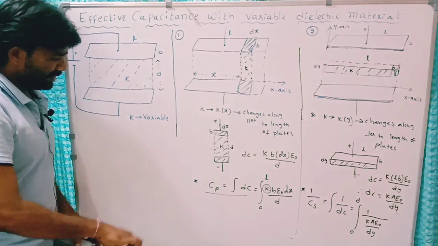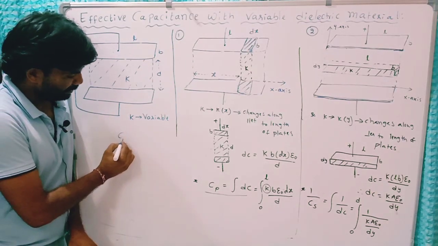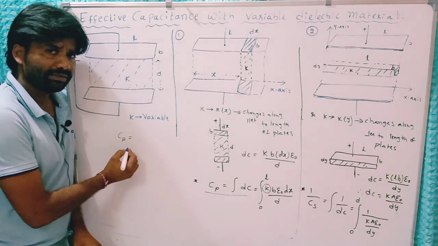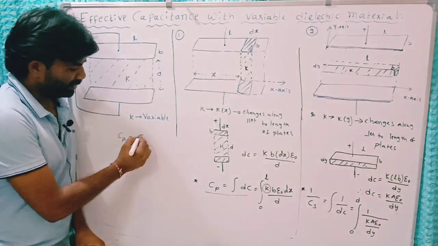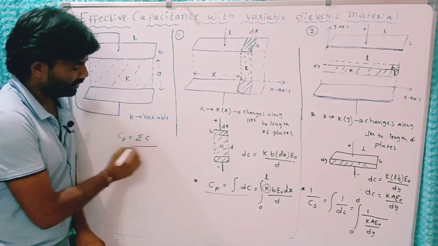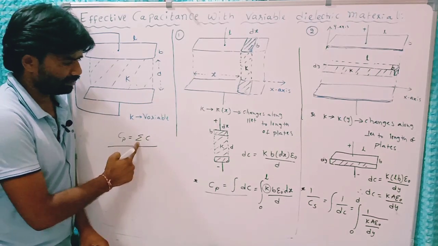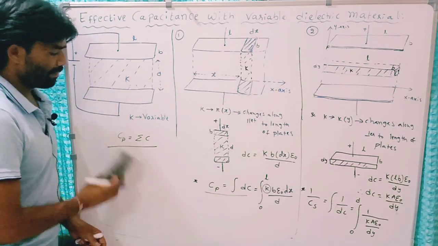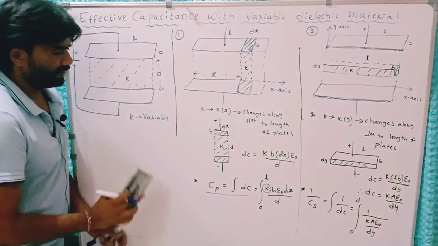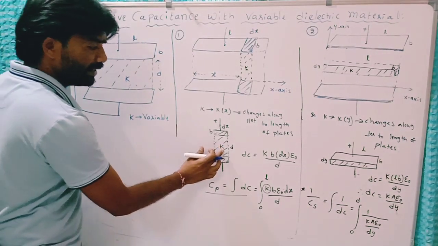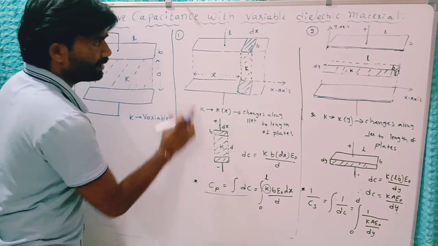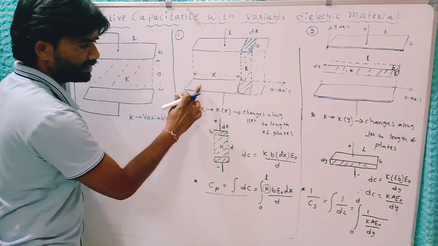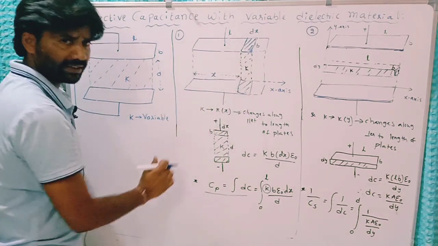So we know that the parallel combination of many capacitors is equal to the sum of the capacitances of the individual capacitors. Instead of a sum, you can take an integration. Integration of the capacitance of this elementary capacitor gives the total effective capacitance of this given capacitor.